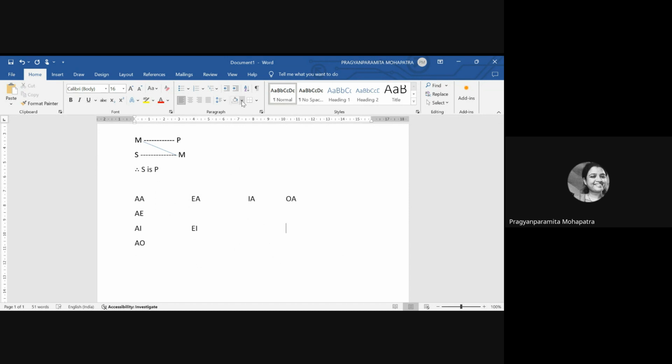Now let's see. Another fallacy is, as we have already discussed in rule 3 or 4, if there is no term which is distributed in the premises, it cannot be distributed in the conclusion. Isn't it? There is a rule.